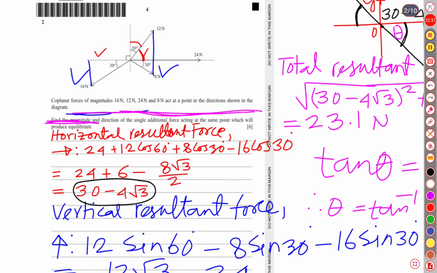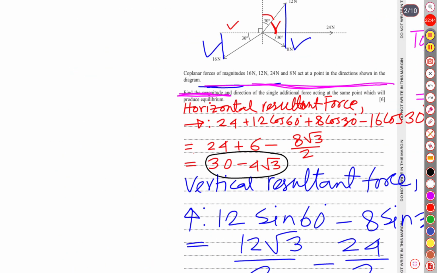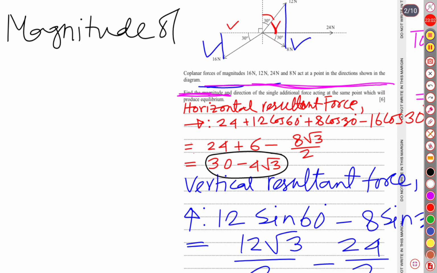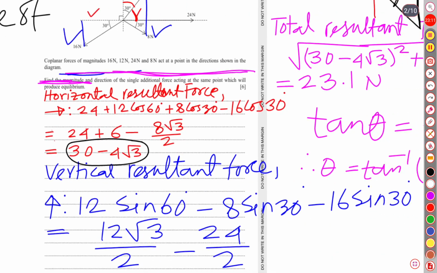So we have not forgotten that the question has told us to write the additional force required for the system to be in equilibrium. So we will write here, hence the magnitude of the additional force is equal to, already we have obtained, how much did we get?